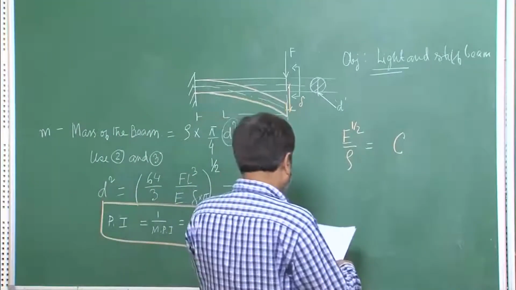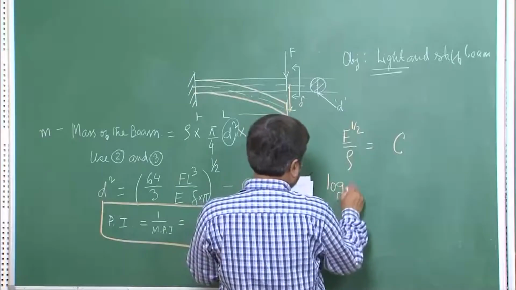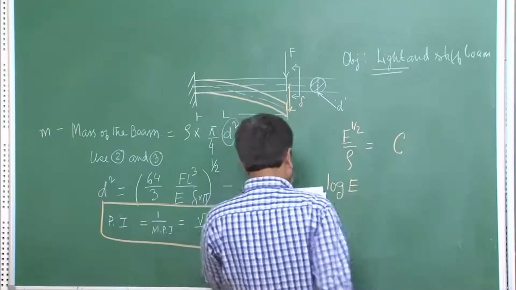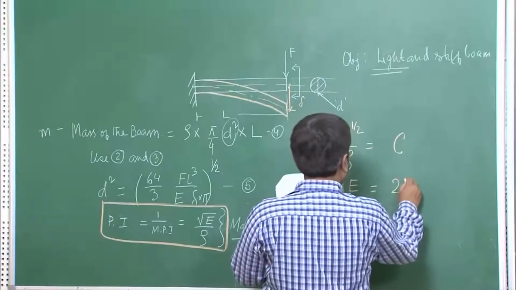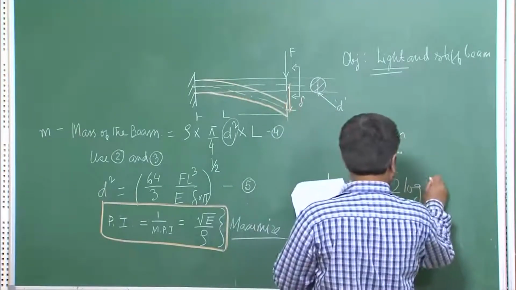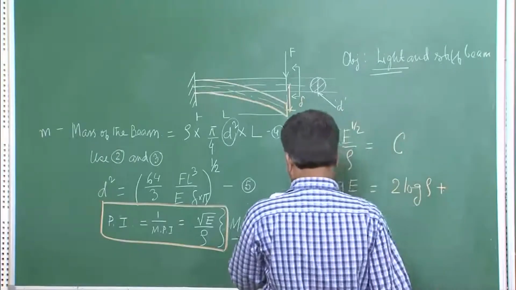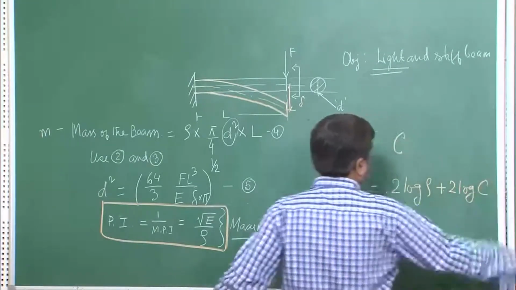Then, if the cutoff value is C, by taking a logarithm on both sides, I can get log E equals 2 log rho plus 2 log C.